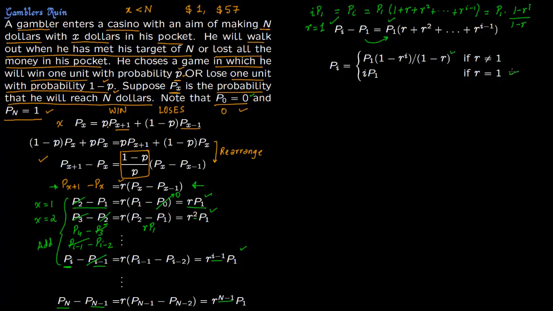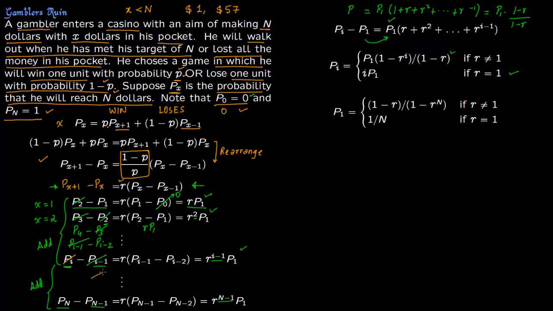This is right here. Now we want to solve for P1. To solve for P1, we will have to add up all these terms too, all the way to n. So when we add all the way to capital N, instead of i, now you write n here, because this i will get cancelled with the next term here. So instead of i, you have P capital N, and you have capital N right here.